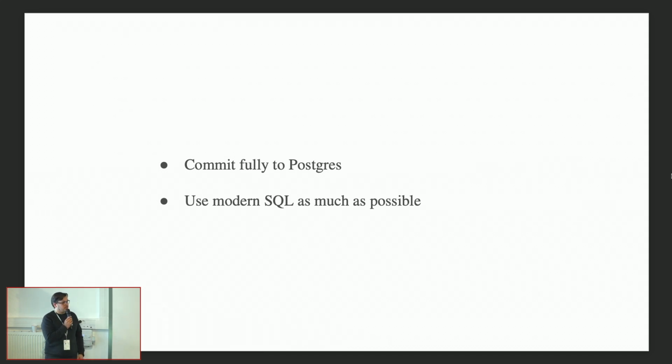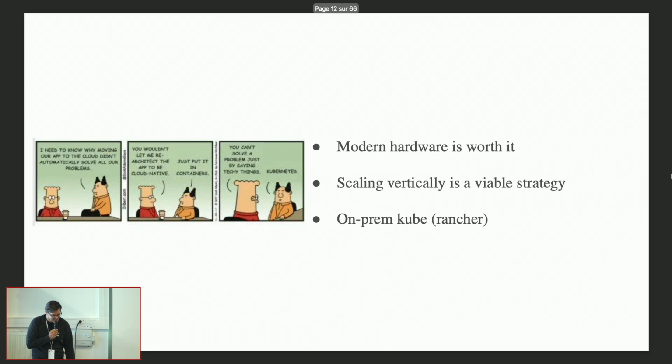A lot of training on SQL focuses on early SQL, up to 1996 or something like this, and doesn't introduce newer features, and we'll see some cool features in this presentation.